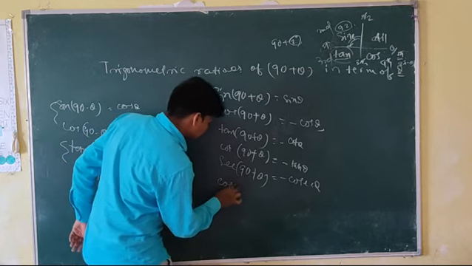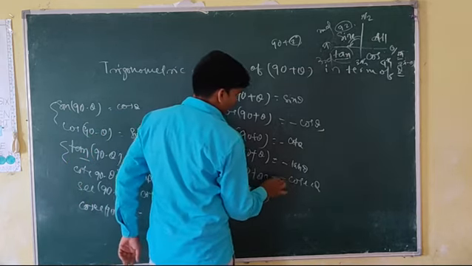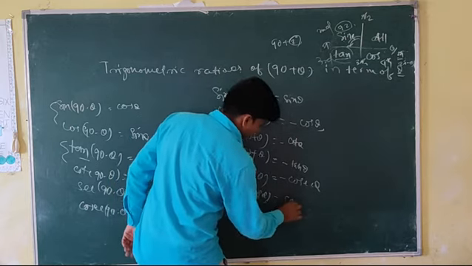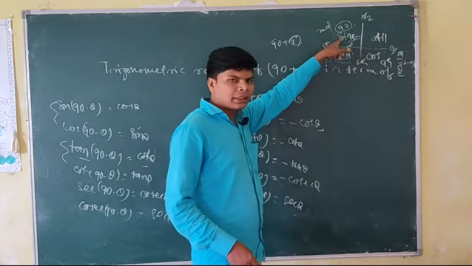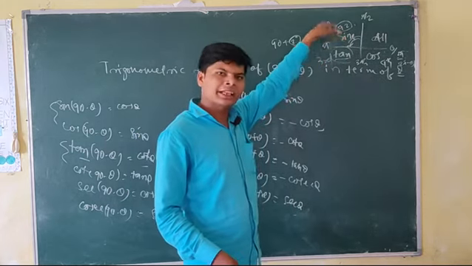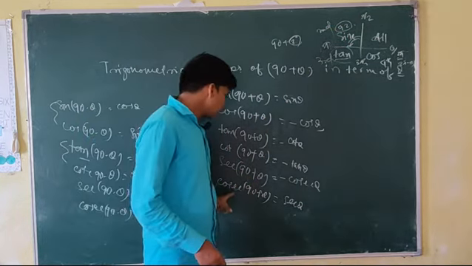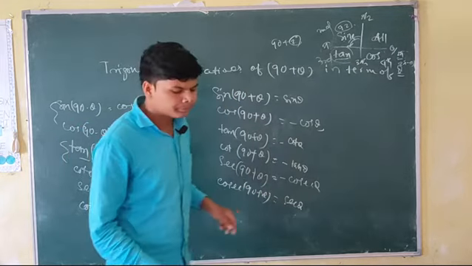Cosec(90 + theta), as all of you know, will be only sec theta. Why? Cosec(90 + theta) is positive here, because sine is positive and the reciprocal of sine is cosec. That's why cosec(90 + theta) is positive sec theta. Clear?